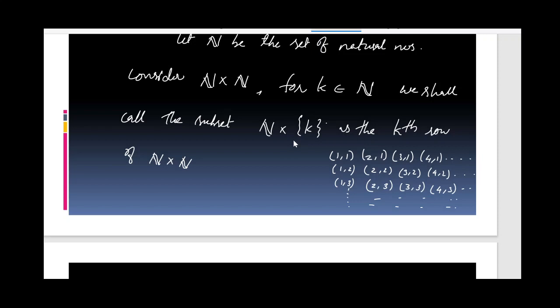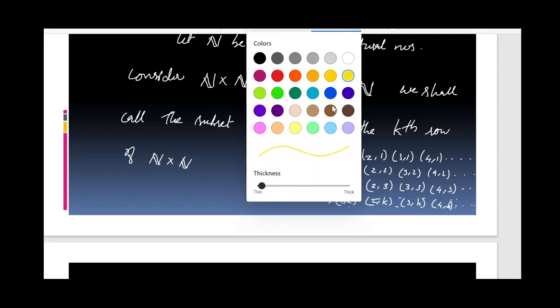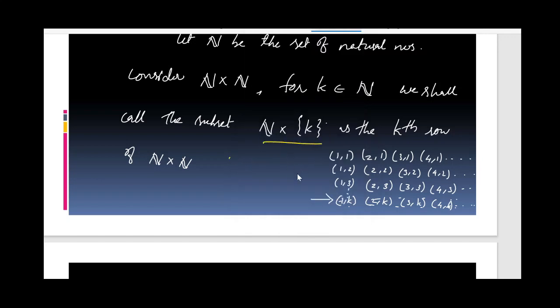What should come as an element of N cross k? N cross k means the second element should always be k. So somewhere here will come 1k, 2k, 3k, 4k, etc. So my N cross k will define this row.